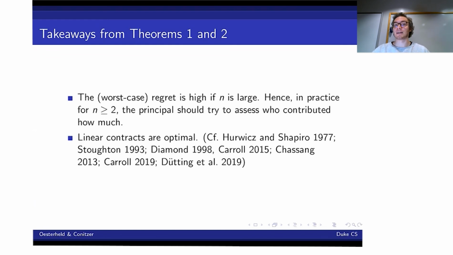And we now have another setting with multiple experts, which most papers don't consider, where linear contracts are also optimal. In the paper, we have a couple more results, including some cases where the regret bounds aren't as bad, and also in the single expert case, of course, the regret bound isn't that bad, and in these other cases too, the optimal contracts are linear.